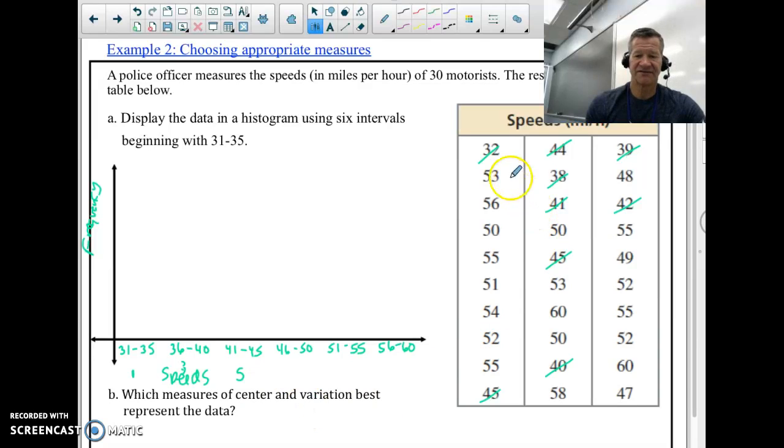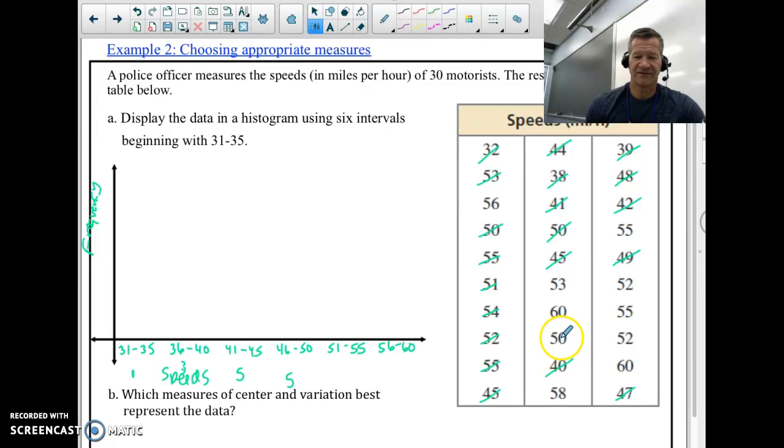How about 46 to 50? 1, 2, 3, 4, and 5 again. 51 to 55? 1, 2, 3, 4, 5, 6.